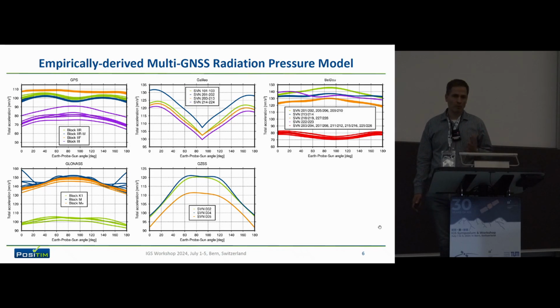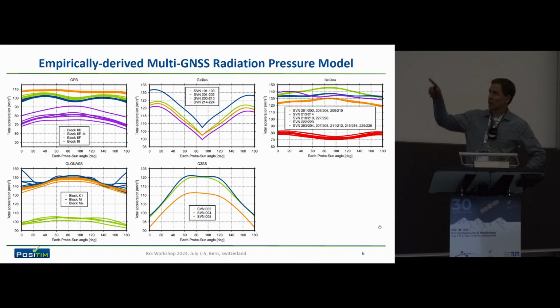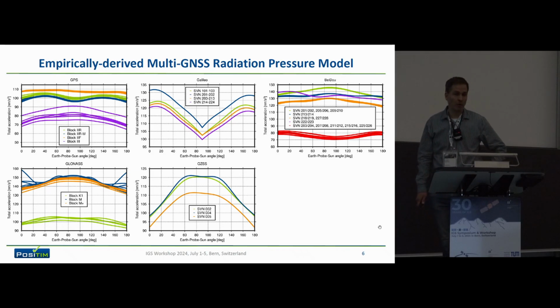One could also argue that some can be put together into one group. Another interesting fact is the GPS Block 3 satellites shown on the left plot. Block 2 satellites behave quite the same, but the Block 3s look quite different with respect to each other. So they apparently have a different surface design, or I don't know.